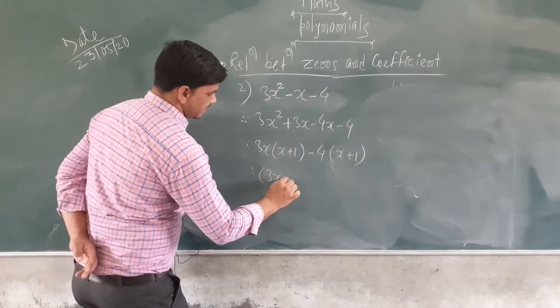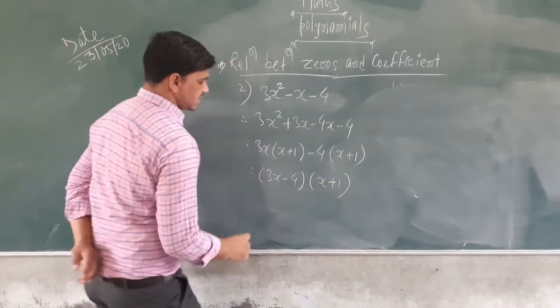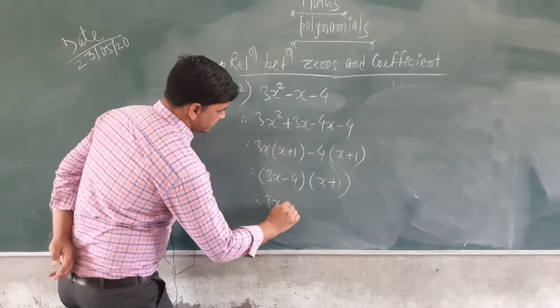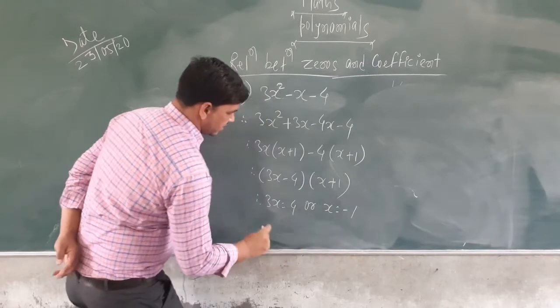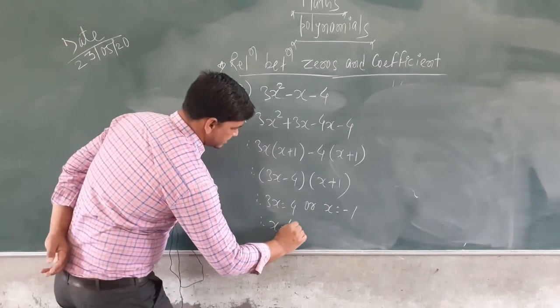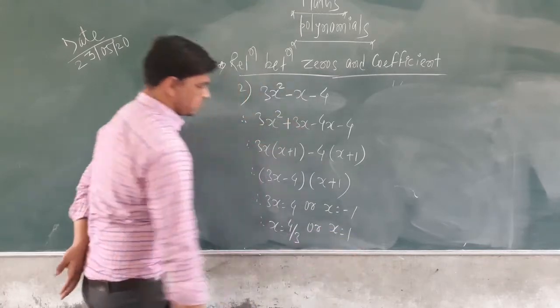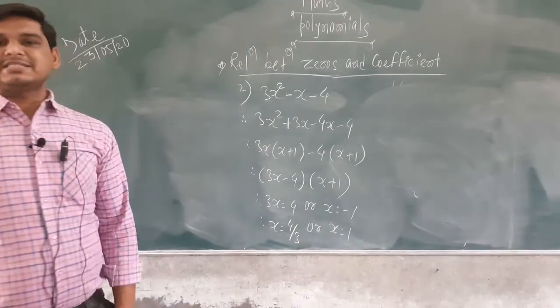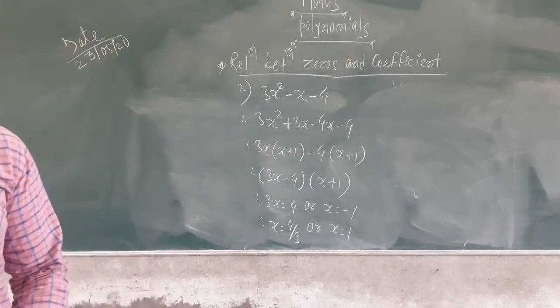So in one bracket 3x minus 4, another bracket x plus 1. So 3x equal to 4 or x equal to minus 1. So therefore x equal to 4 by 3 or x equal to minus 1. So that is generally called the zeros, x equal to 4 by 3 or x equal to minus 1.